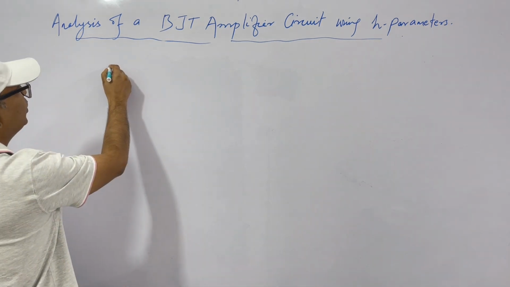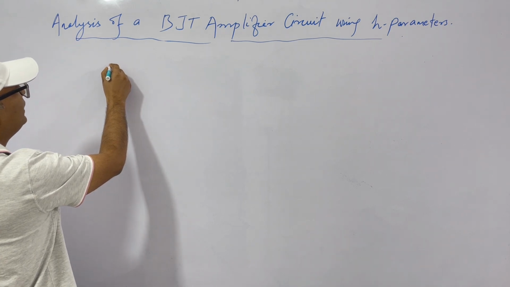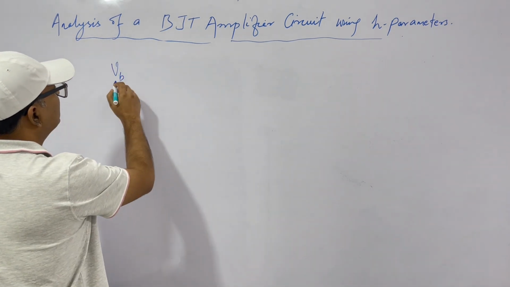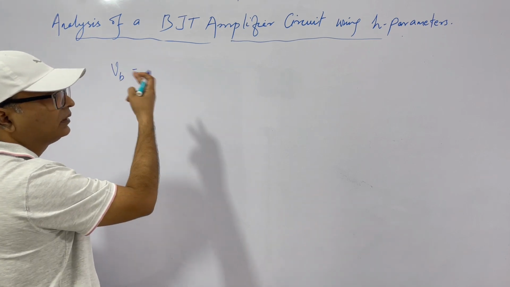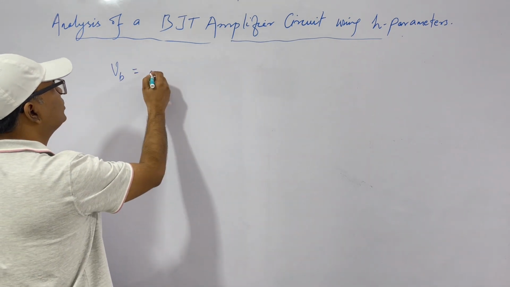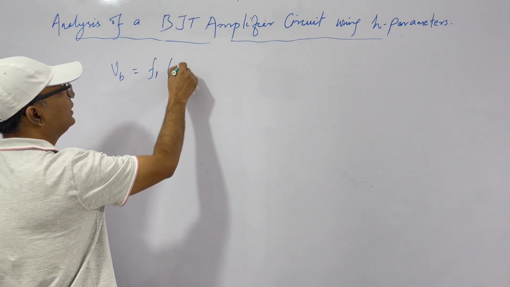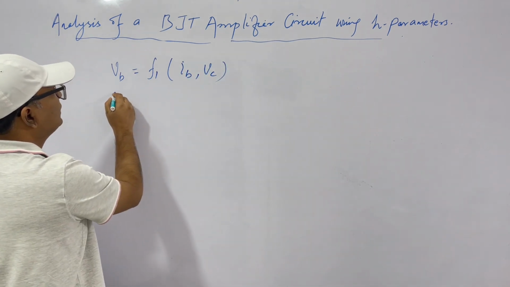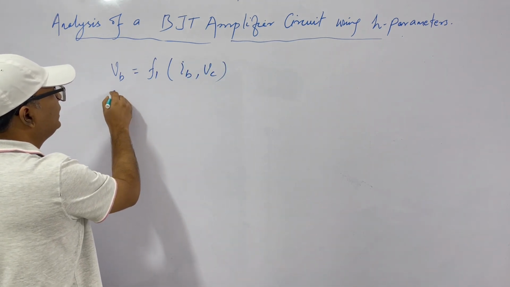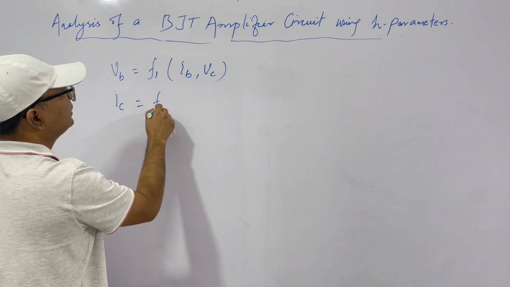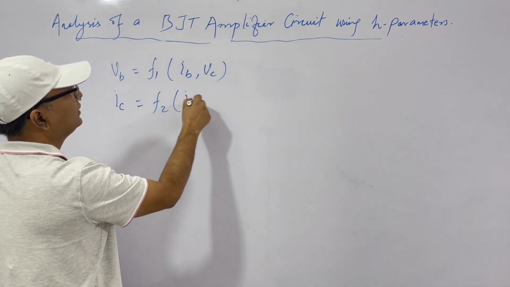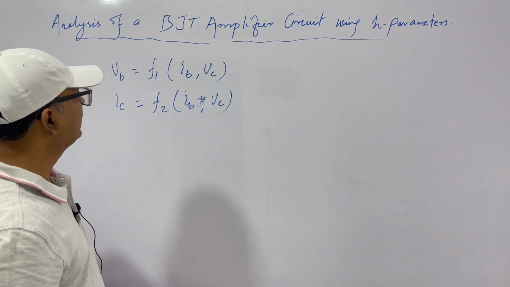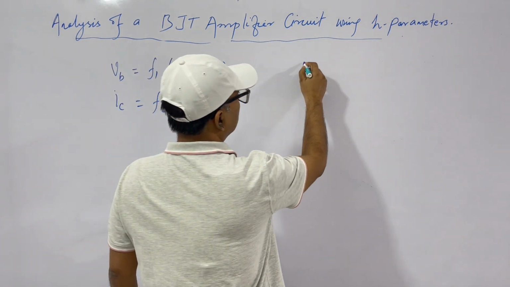We have input voltage. Input voltage is VB. Now we are using small letters to show the AC currents and voltages. So VB is a function of IB and output voltage VC, and the second one IC is another function of IB and VC. Clear? So let's write the equation.